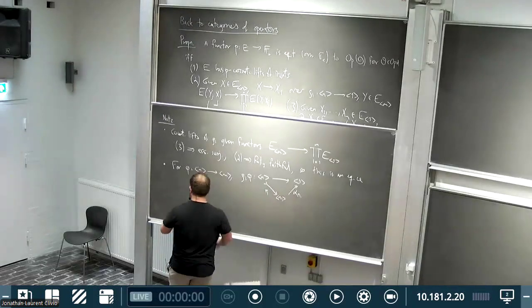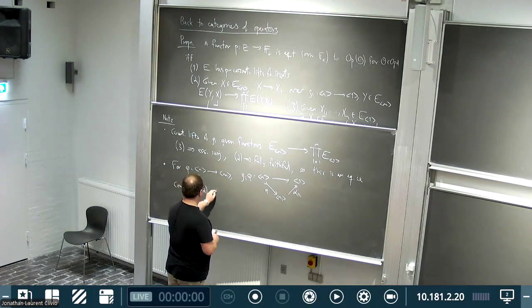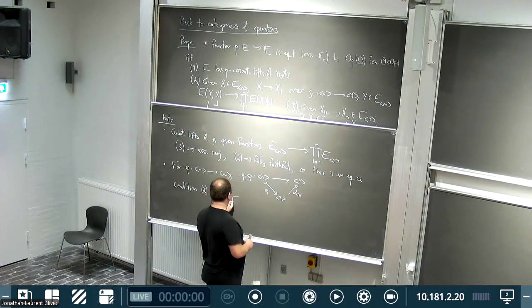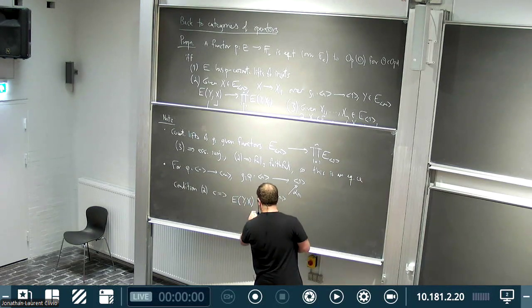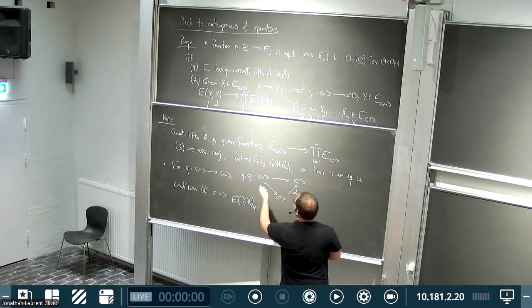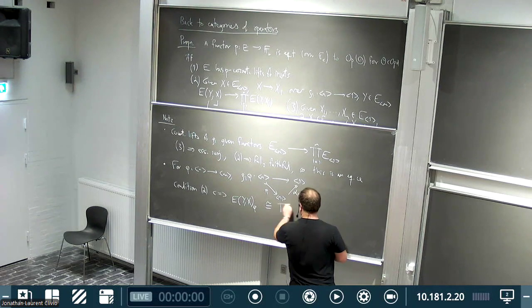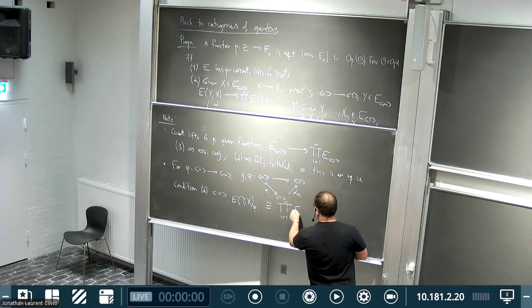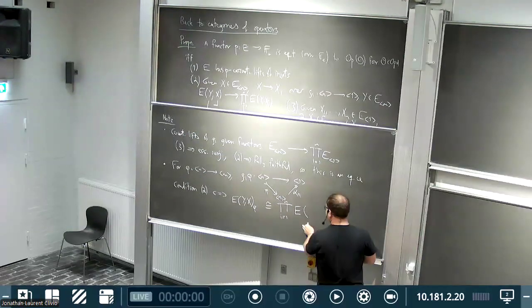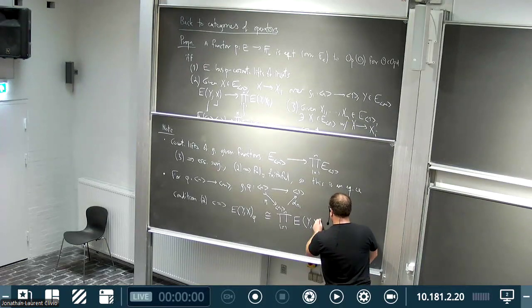So condition 2 is going to state that if I look at the set of morphisms from Y to X over φ, in finite sets, this is the same as the product over i of the morphisms from Y to X_i over this composite ρ_i φ.